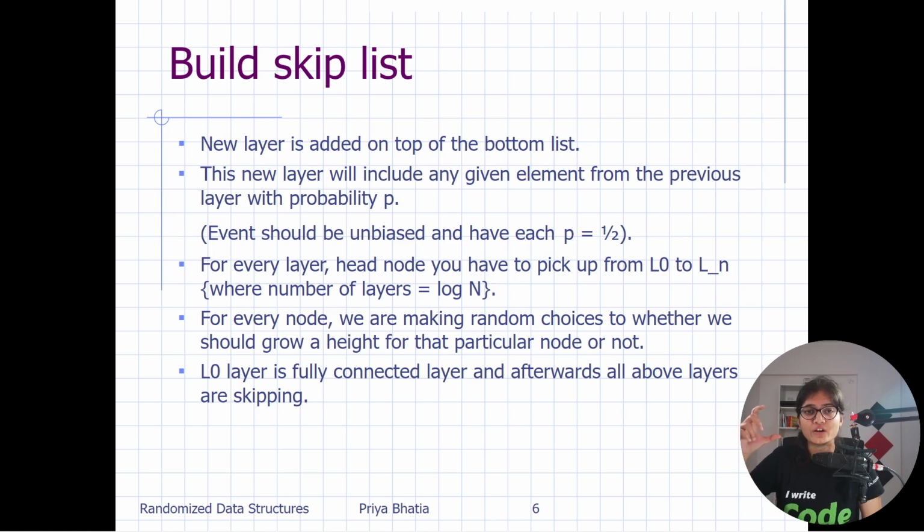Afterwards, because you are having an unbiased event, both have a probability of 1/2, so definitely any outcome will come where you're getting a tail as well. So you will definitely get the L0 layer as the correct, original linked list, but afterwards you will always get skipping linked list layers as well, right?